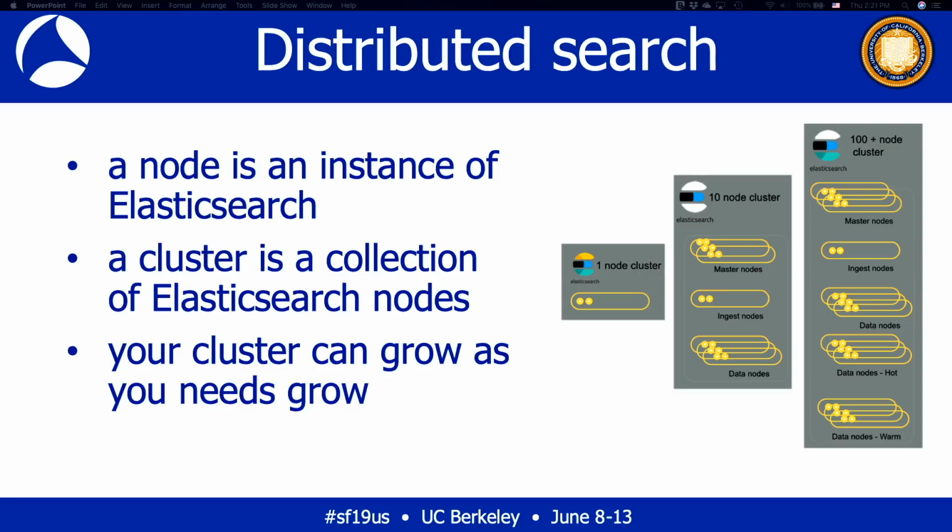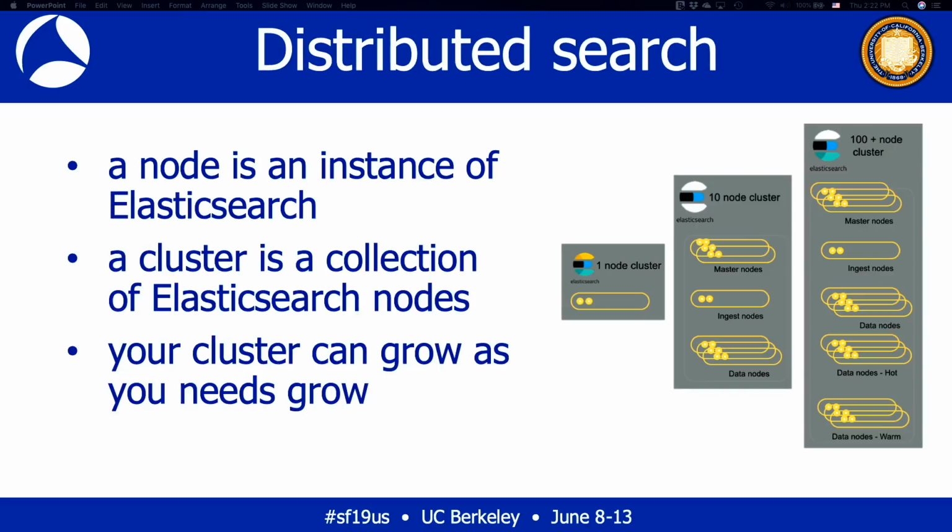A cluster is a technology to scale the infrastructure of Elasticsearch between the nodes, and you can grow your cluster as you need to. Let's say we started with one node in a cluster, we can simply expand or scale the infrastructure, so you can grow your capacity and your documents.